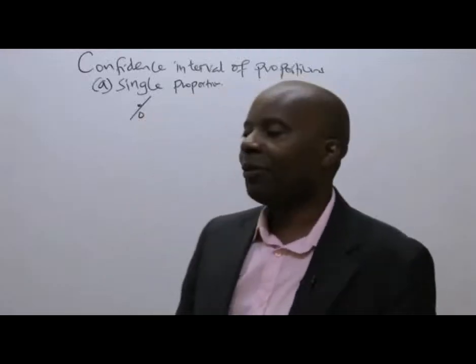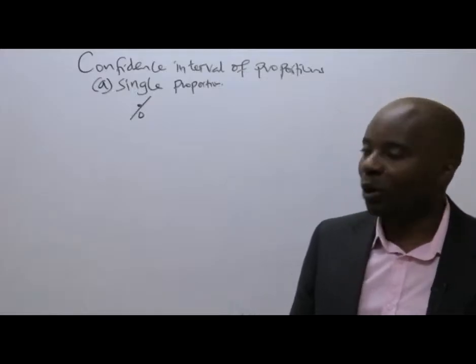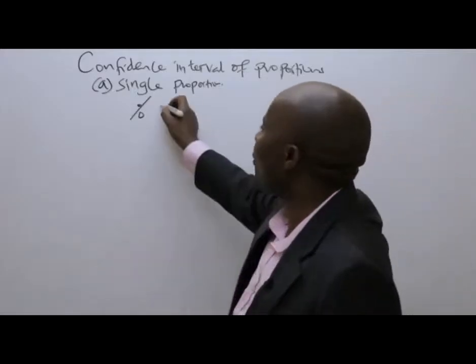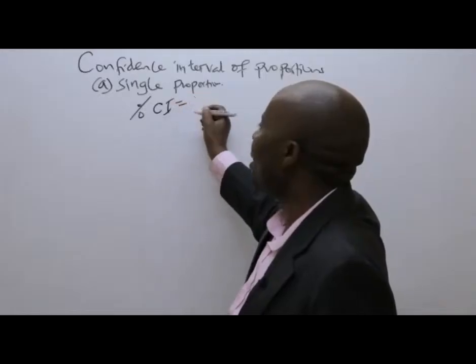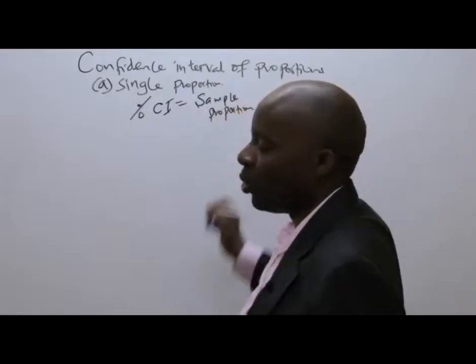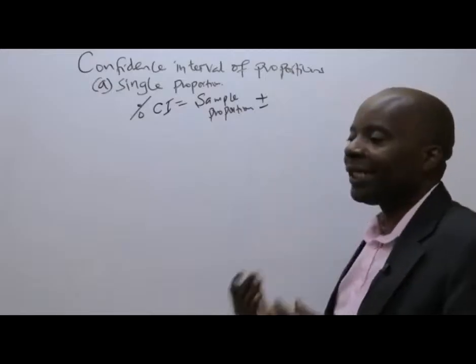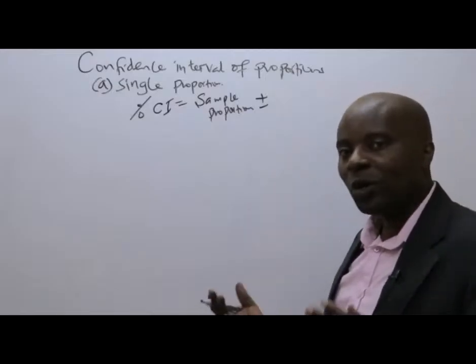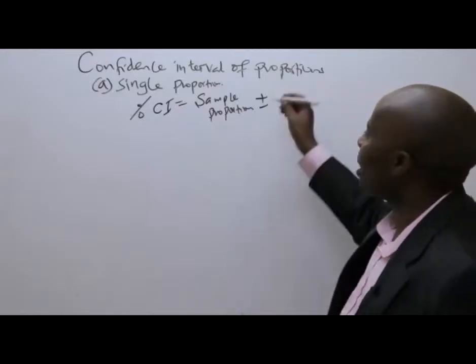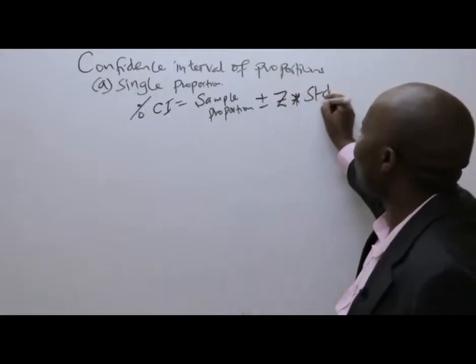So, ladies and gentlemen, for me to be able to get the percentage confidence interval of a single proportion, this will be equal to the sample proportion plus or minus the test statistic. For now, we are looking at large samples, so the test statistic will be Z. So Z times what we call the standard who?